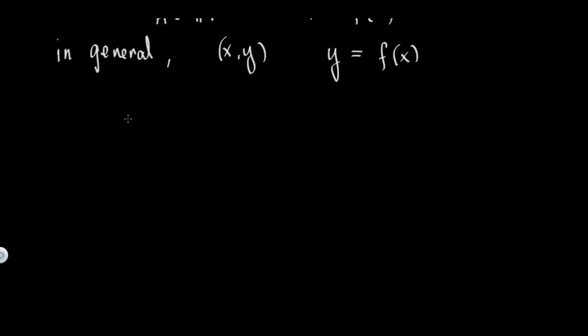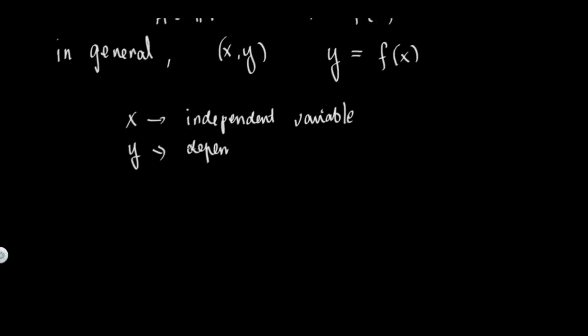So, yung first variable x is also called the independent variable. The second variable y is the dependent variable. There you go.